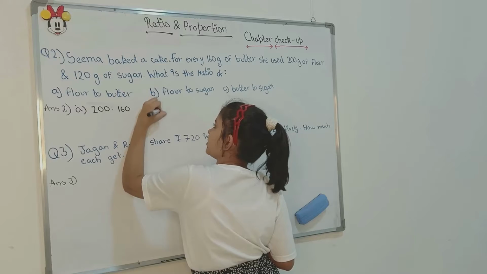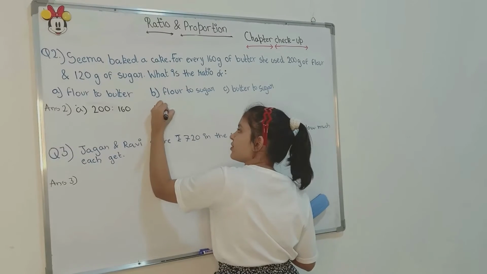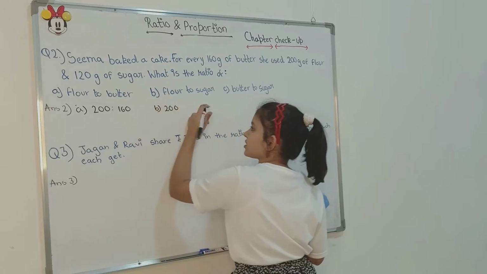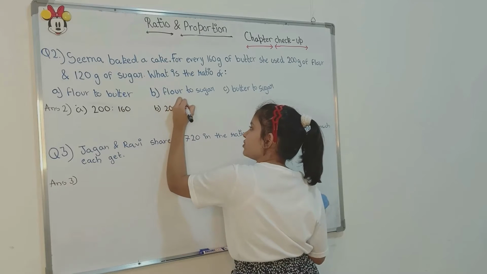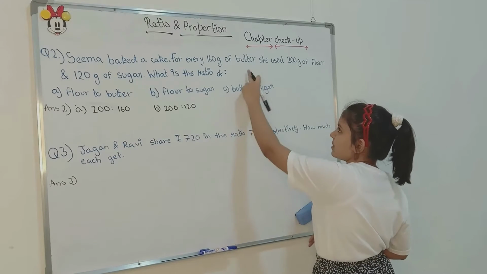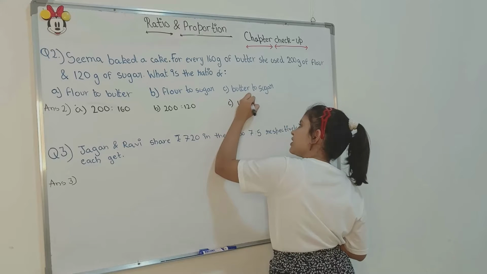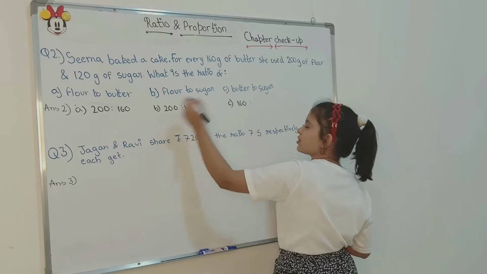Then B, flour to sugar: flour was 200 again and sugar was 120, so 200 is to 120. The last is butter to sugar: butter was 160 and sugar was 120, so 160 is to 120.